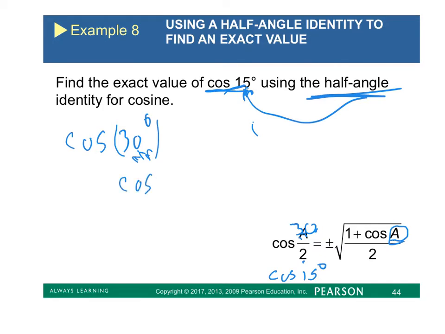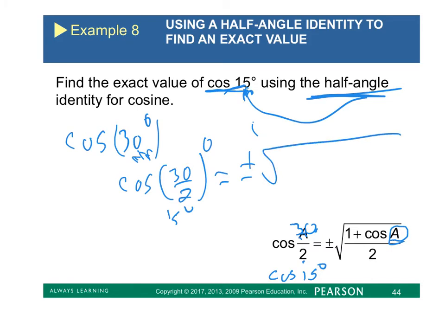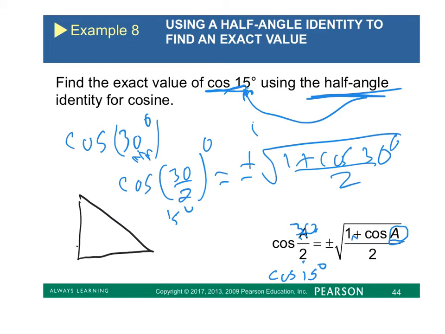cosine of 30 over 2 degrees, which is 15 degrees, is equal to plus or minus the square root of 1 plus cosine of 30 degrees all over 2. Special triangle. That's 30. 1, 2, square root of 3.